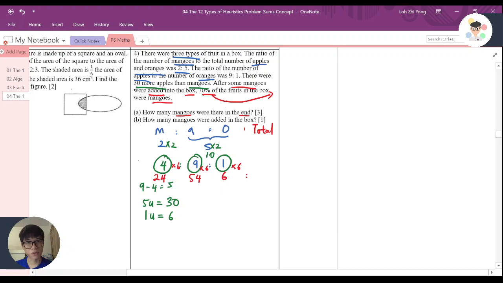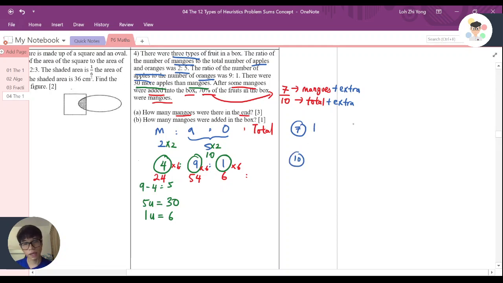70% of the fruits in the box were mangoes, which means 7 over 10. 7 will be mangoes, and 10 will be the total. But this is after we add some extra mangoes here. Of course, the total also has some extra. So if you want to draw the model, I will say that they will have 7 units and 10 units.